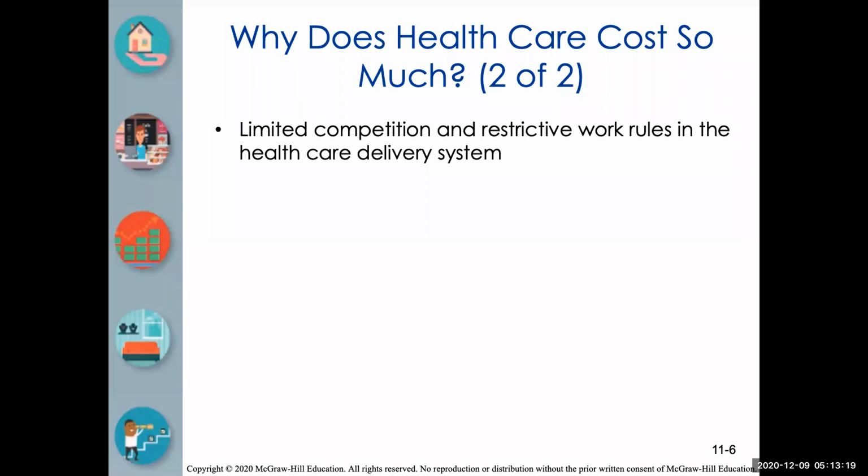even though we have competition from the standpoint that there's not just one single player in the healthcare game, there are huge barriers to entry to prevent any additional competitors from entering the market.